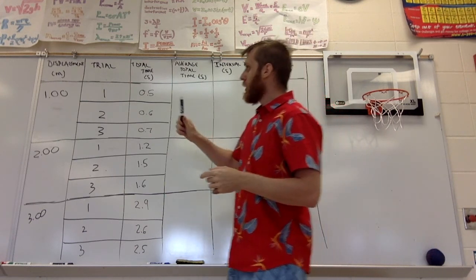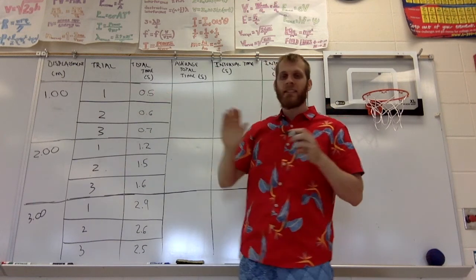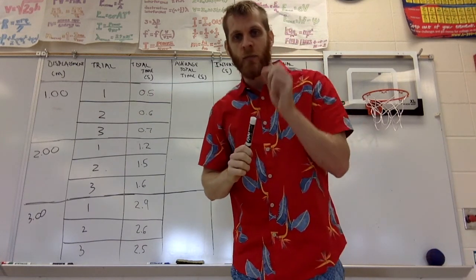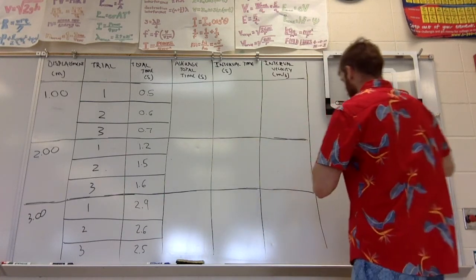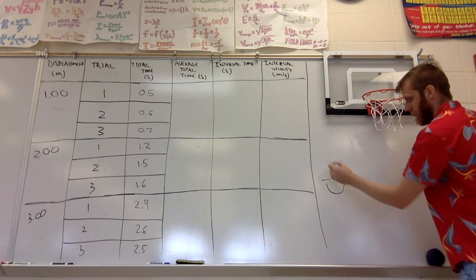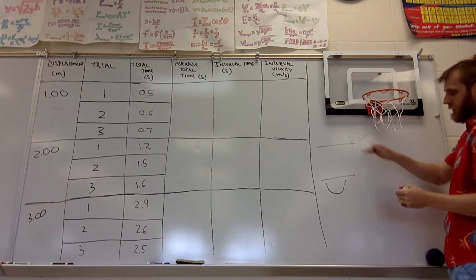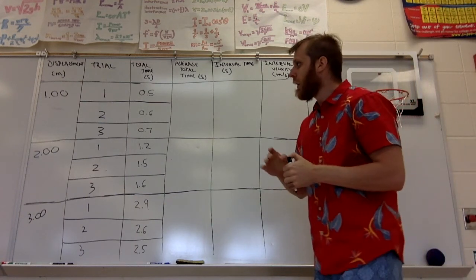So for trial 1, it took the puck 0.5 seconds to get to that first meter. So let's imagine that this is the puck launching, and this is the first meter mark. From 0 meters to 1 meter, it took 0.5 seconds.